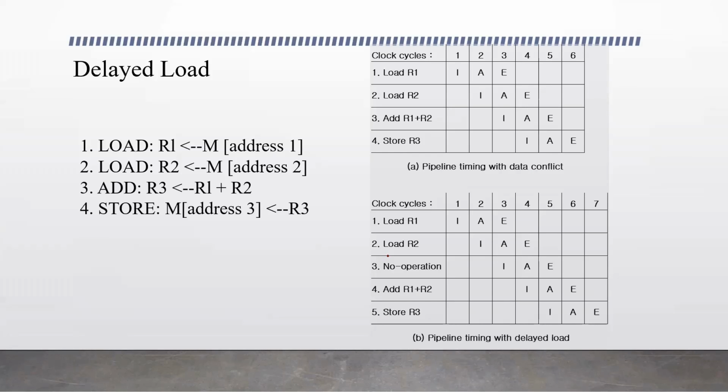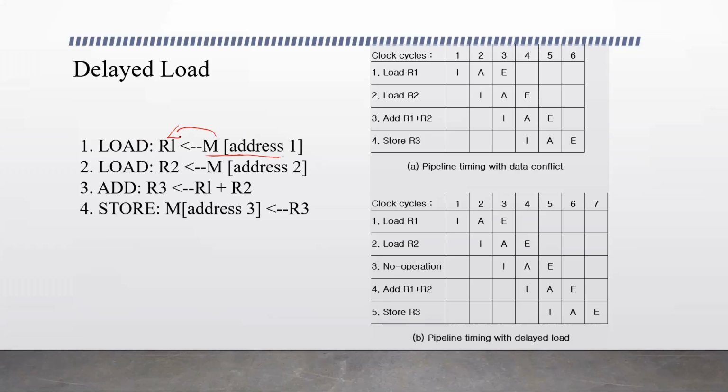Here, let's take this example of these instructions. The first instruction is load. Each instruction is divided into 3 sub-operations. The first instruction is load R1, memory at location address 1.